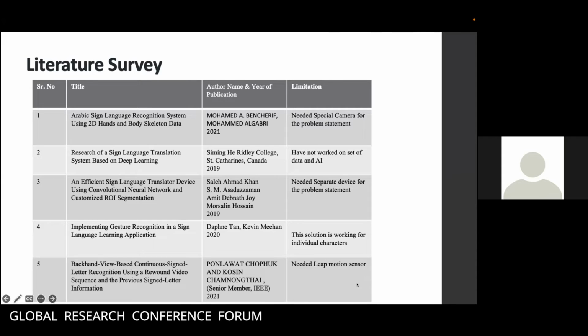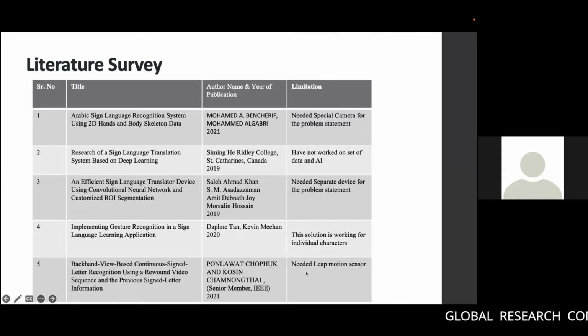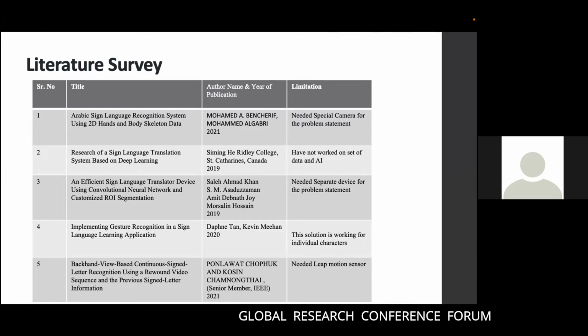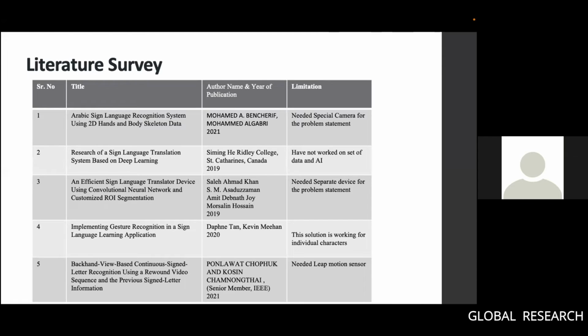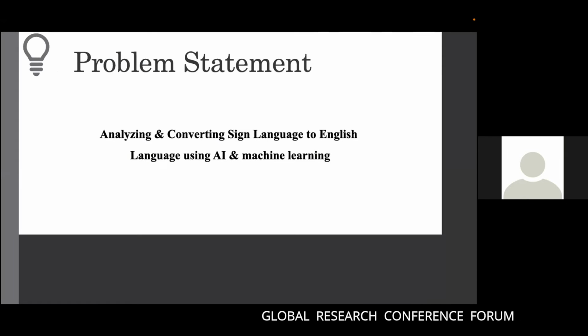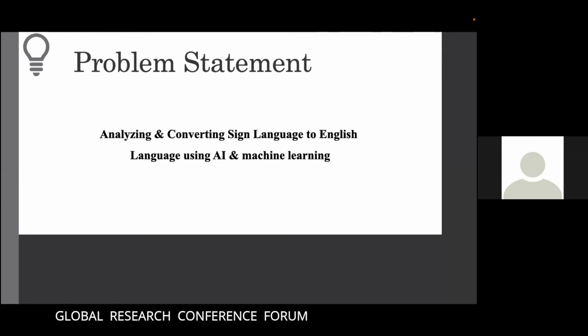But at the end they needed a lips motion sensor to work on this. So every device will not have that. So those were the limitations for that one.